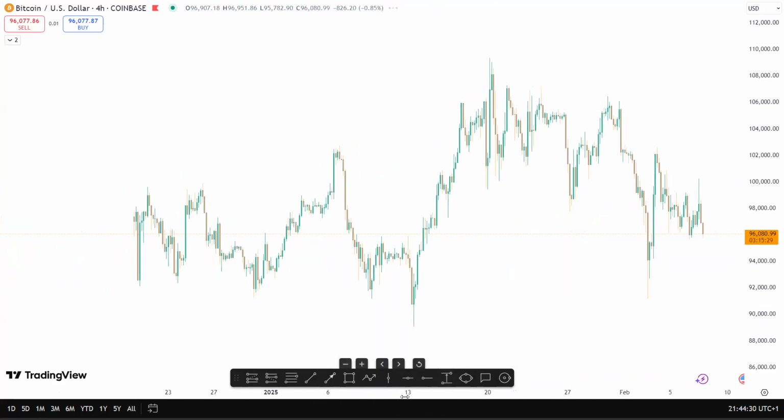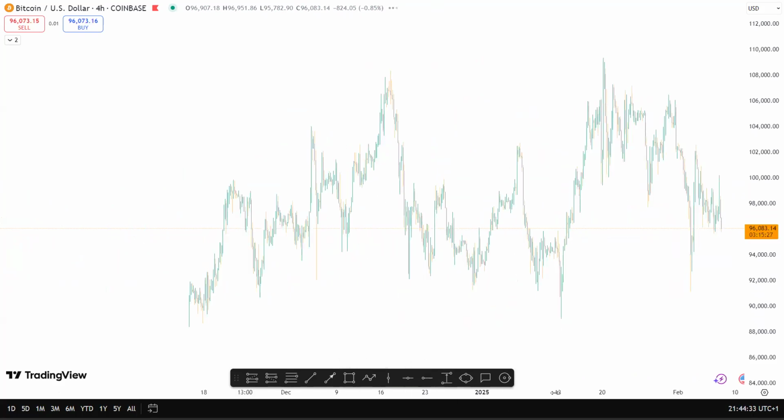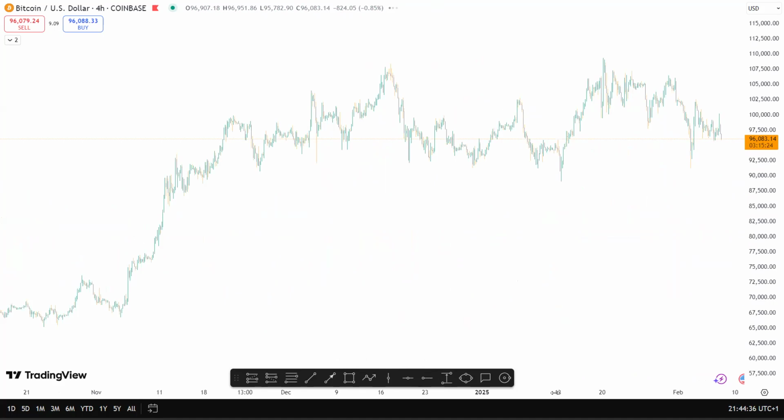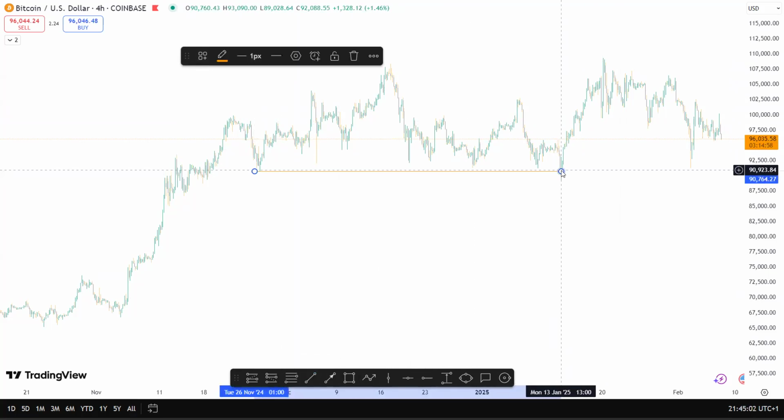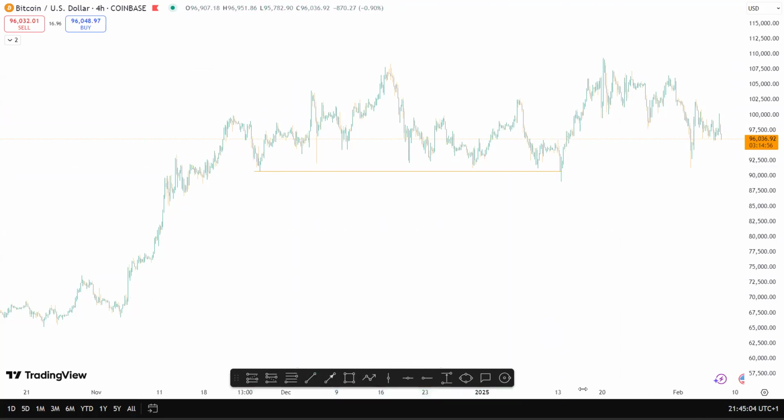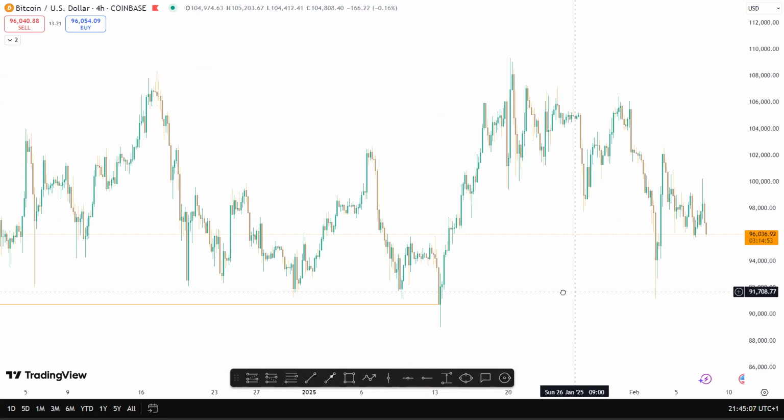Okay, so BTC USD, for me, the bias is still bullish, although the market seems to be consolidating around this area, but it's breaking more structures to the upside. So I still had this bullish bias in mind, and my aim was to look for an opportunity to buy from the 4-hour time frame.